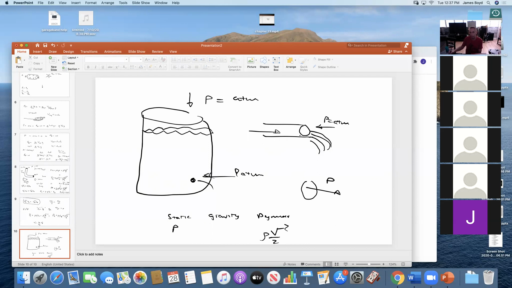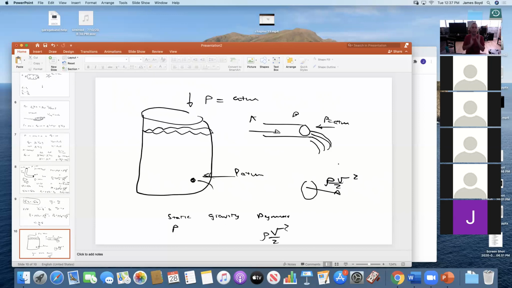So in this pipe, it has no G term because the height isn't changing as it passes from, let's say, point A to point B. It has no gravitational pressure, but it has static pressure P, which is equal to 1 atmosphere. And it has dynamic pressure, which is equal to the density of the fluid times the velocity squared over 2. That's what your intuition is telling you, that it has this pressure, but that's not the total pressure.